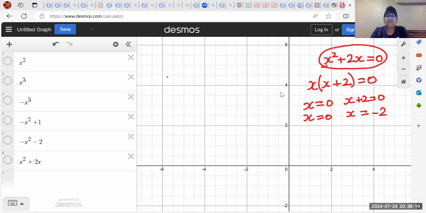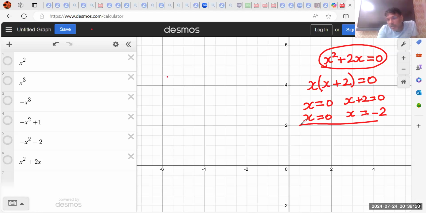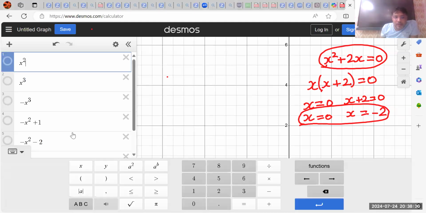Now you see x equal to 0 and x equal to minus 2. These are the points at which the value of the function becomes what? Becomes 0.